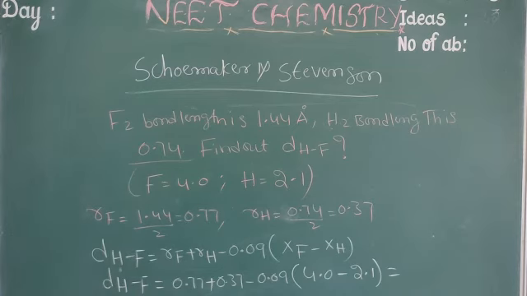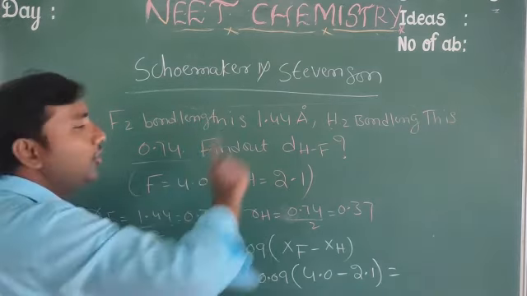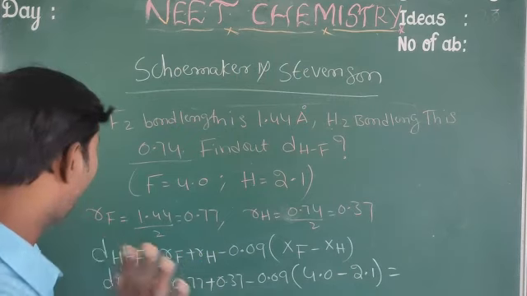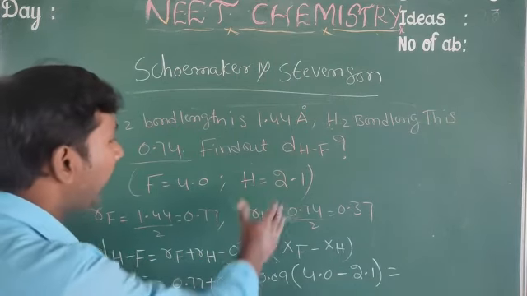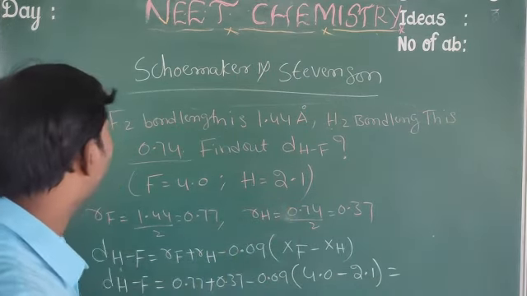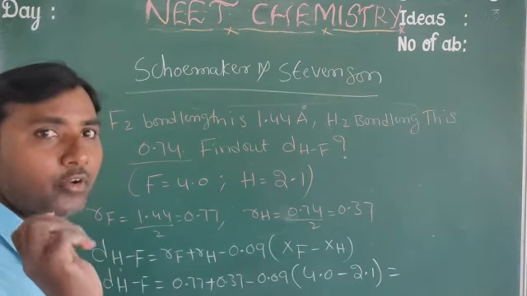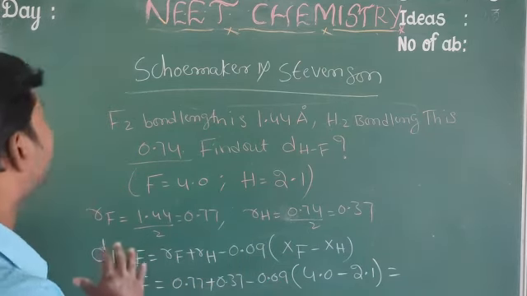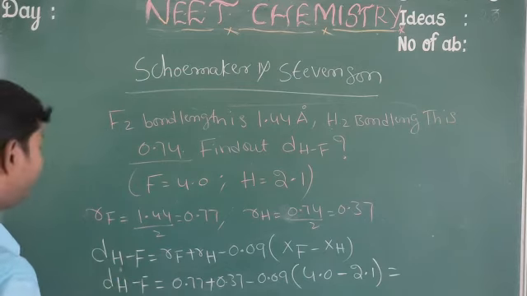So easy. This is the Shoemaker and Stevenson formula. By using electronegativity values, we can find out the distance of molecules.